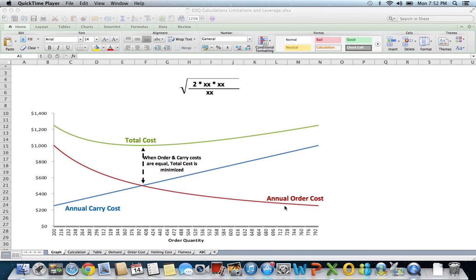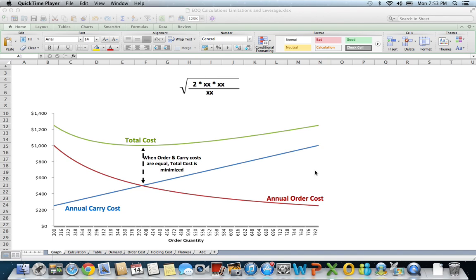It all adds up. So if you look here, you can see that for a smallish order quantity, the inventory cost is relatively low, but the order cost is high. You're ordering a little bit a lot of the time. The other extreme is your order costs are low because you're ordering a lot, but your inventory is high.